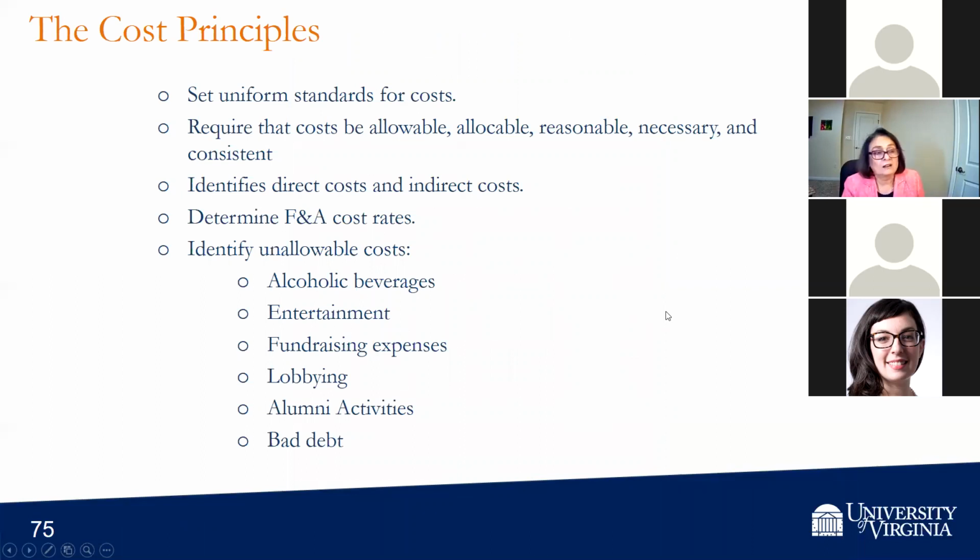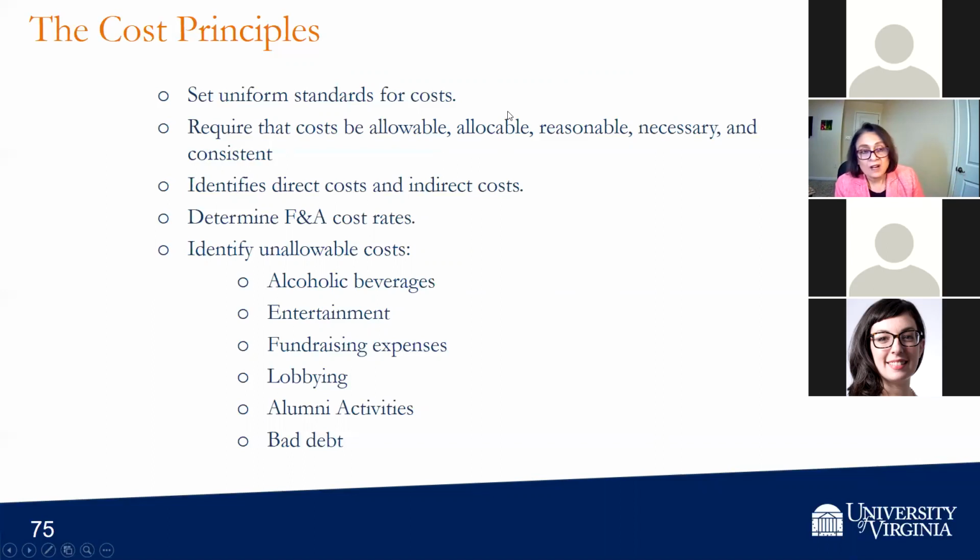So these are the reasons for cost principles. They set uniform standards for costs. We require the cost to be allowable, allocable, reasonable, necessary, and consistently applied. The allowable piece of it is included in the cost principle section of the UG.